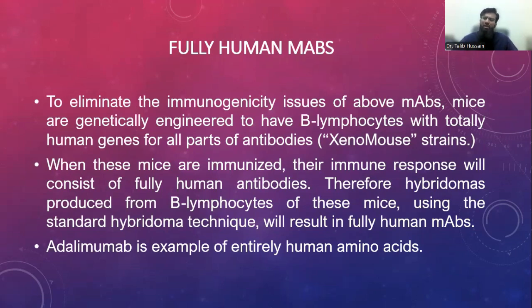Instead of using humans to sensitize with an antigen and produce B lymphocytes, which cannot be done in humans, we can use mice which have human strains, with human cDNAs inserted so that they can make B lymphocytes with the coding used in humans. These animal models are known as xenomouse strains.